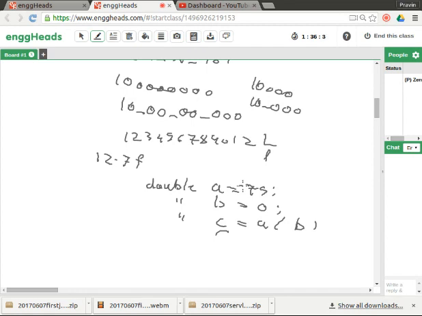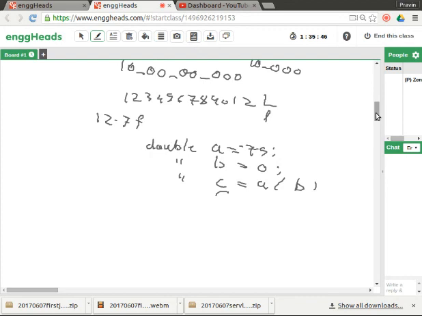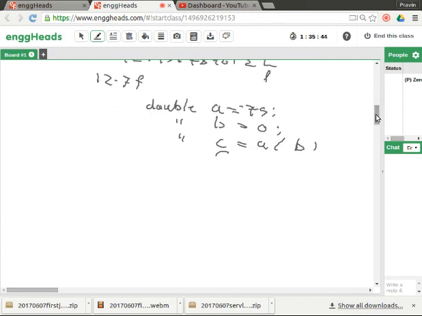Okay, what about the float and the double type? For float and double types, it's not a 2's complement, it uses mantissa exponent. Okay, let's see what exactly is happening there. The float and double, they follow what is known as a standard.